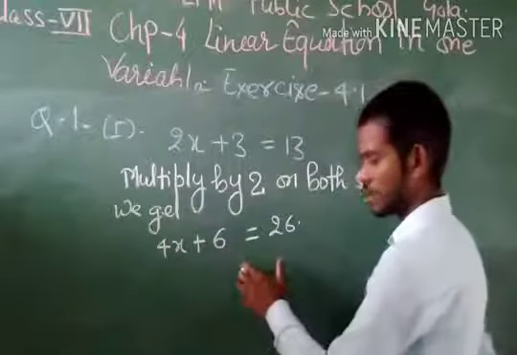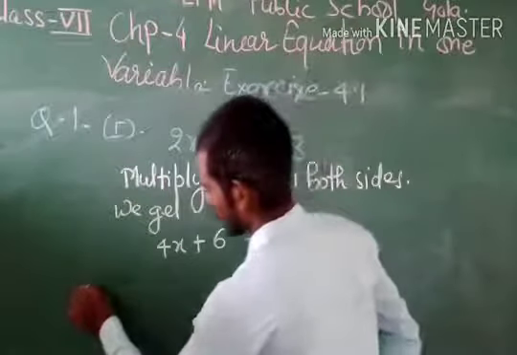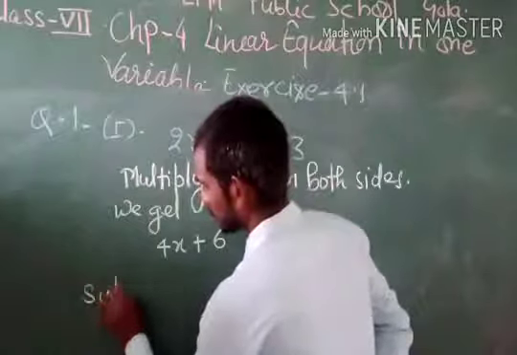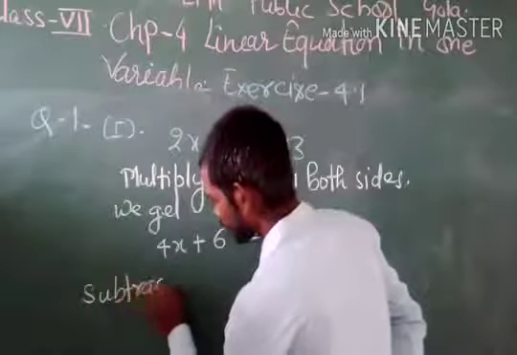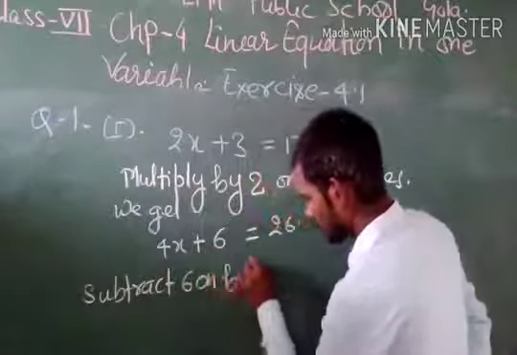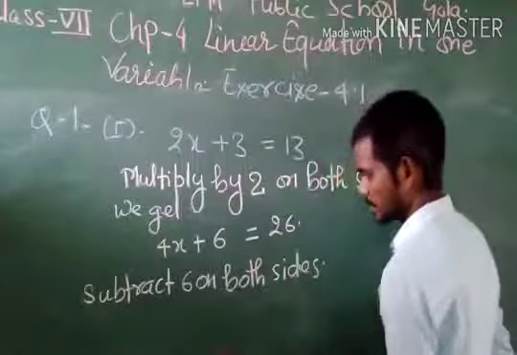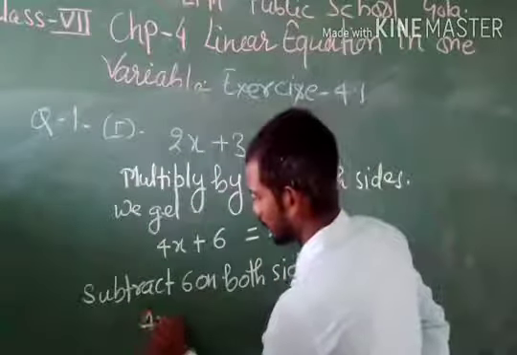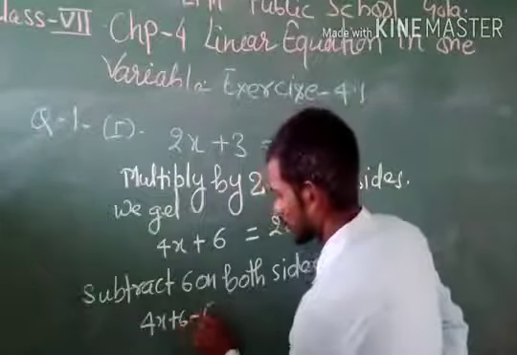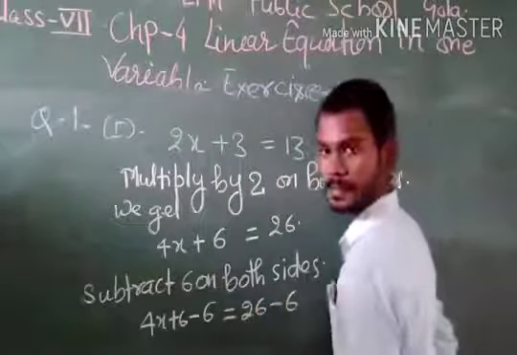Now, subtracting 6 on both sides, we have 4x plus 6 minus 6 is equal to 26 minus 6.